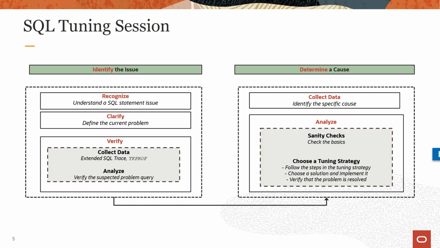Now, once you have identified the issue, you need to determine the cause. You're going to check certain basics, which we will discuss later on in the chapter. And after checking those basics, you're going to choose an appropriate tuning strategy. Once you have chosen your strategy, follow the steps in that tuning strategy, choose a solution and implement it. And after the implementation of that solution, verify if the problem has been resolved.